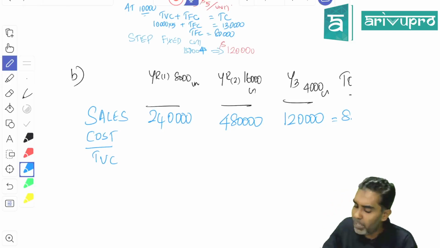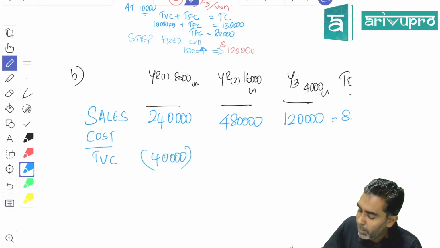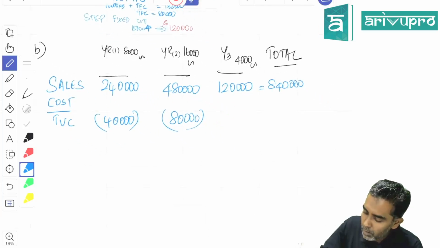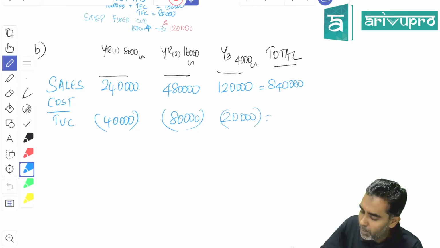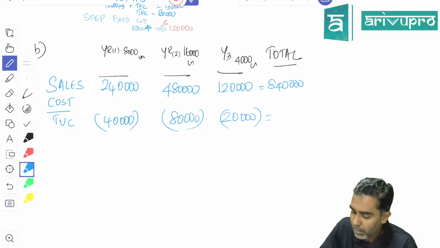Then what is the total variable cost? 40,000. Here 80,000. Correct? Now the total variable cost would be 140,000.